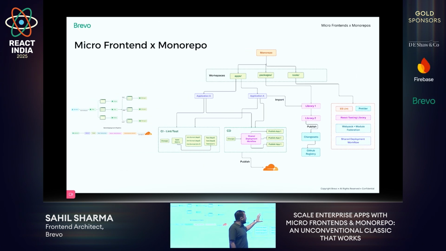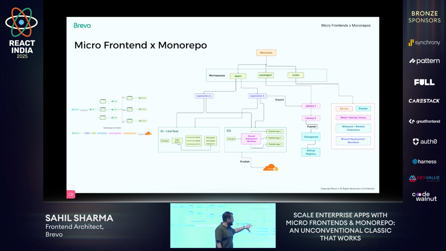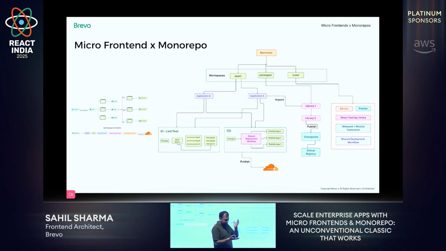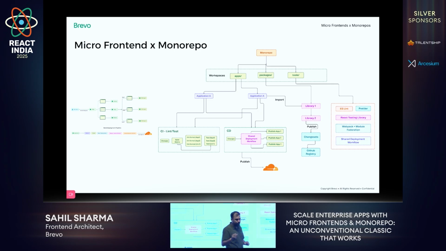In this, I would like to focus mainly on this individual application A. For example, application A has its separate process from building, making use of common tooling plus the shared workflow, and it is deployed on a separate preview URL, and you are able to use the shared tooling in the best manner, I would say.